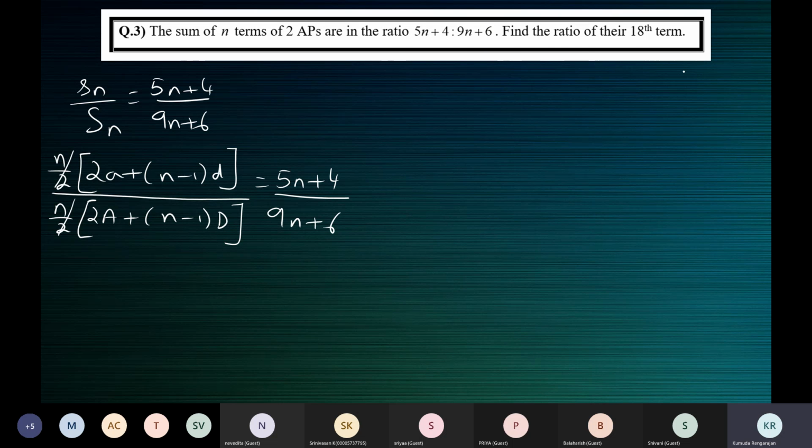Rough work: we need to find A18 by A18, which is nothing but a plus 17d divided by a plus 17d.